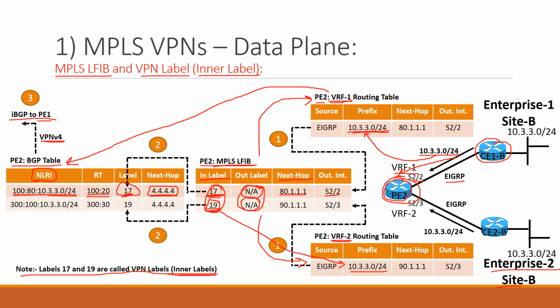But because we are using MPLS VPN, and this prefix will be stored inside a specific VRF, the local label that will be assigned to this learned prefix will be a VPN or inner label.